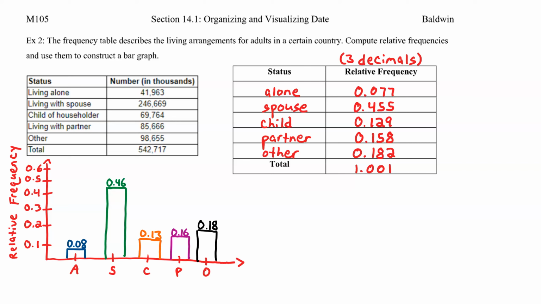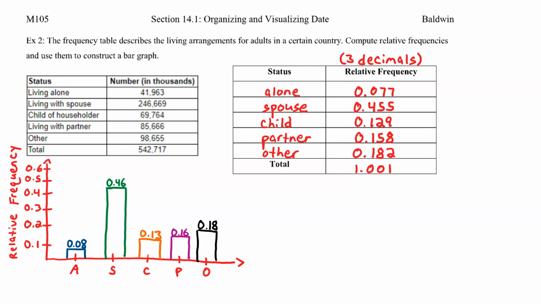All of them are decimals that are relatively close to each other. And so just wanting to establish the fact that the height of that bar does correspond to the decimal, even though it might look a little bit closer to whatever that tick mark says on the vertical axis, just distinguishing that the height for those living in the other status is not actually at the 0.2 height. It is a height of 0.18.